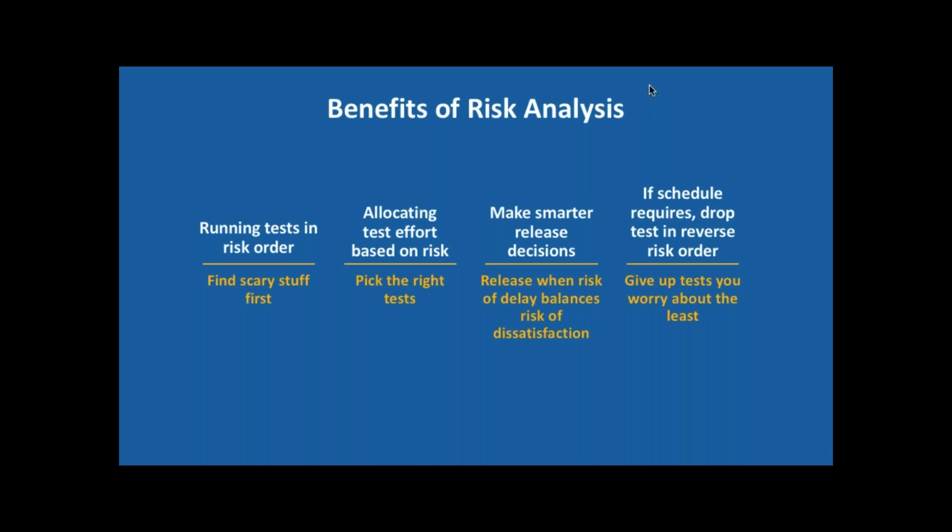So by performing risk analysis and assigning a risk score, it gives you the option of sacrificing those test cases with the very lowest risk score. And remember, a risk score involves both impact as well as probability, and we'll talk more about that as we go.